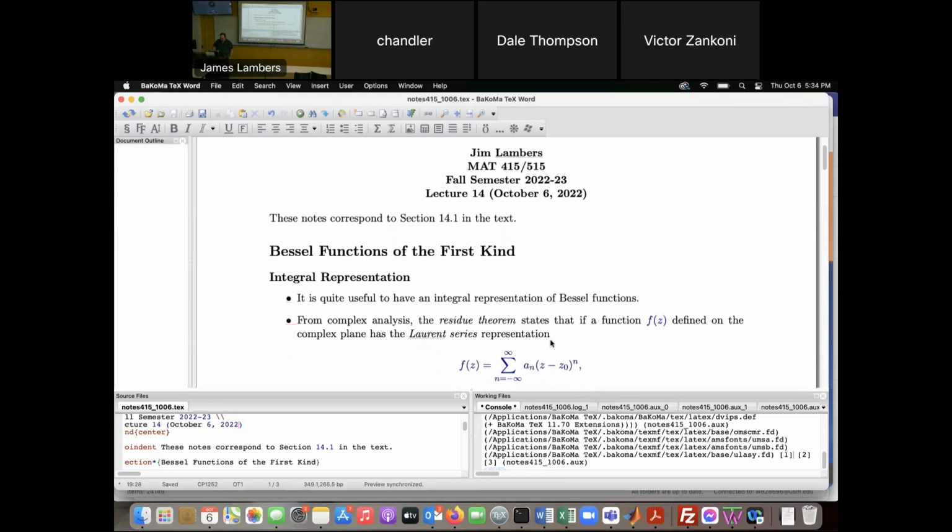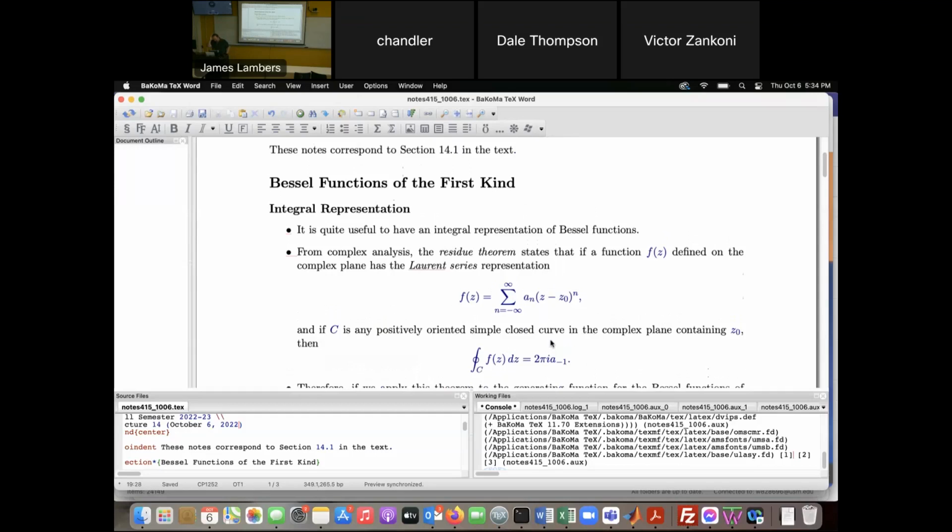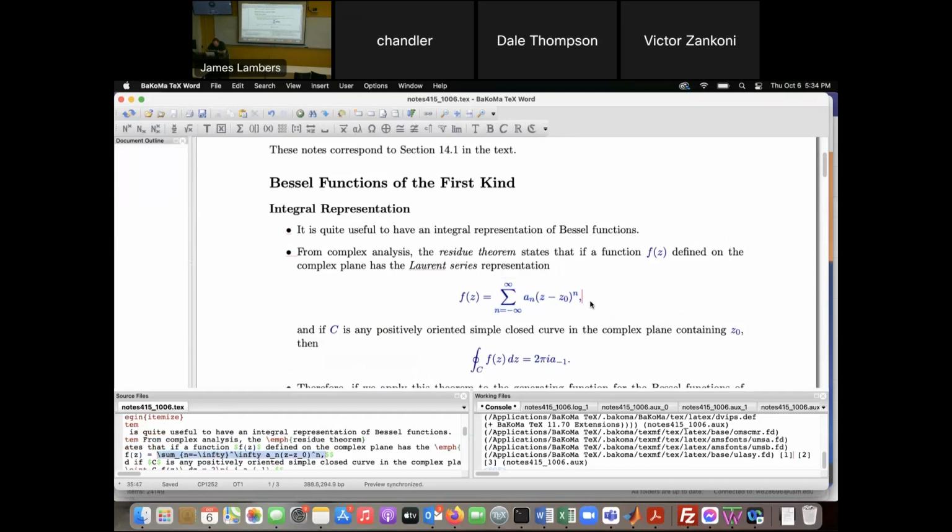So what is the residue theorem? That's what we have here. If we have a function f of z that can be written this way as a Laurent series, so it looks like a power series, except we have both positive and negative powers of z minus the center. So we're going from minus infinity to infinity instead of the customary 0 to infinity for a power series.